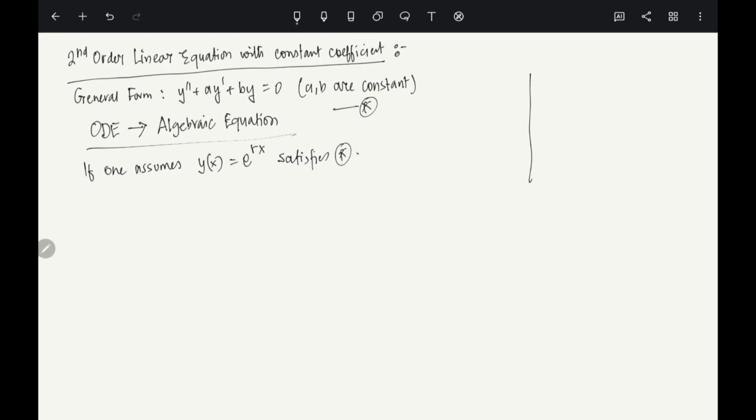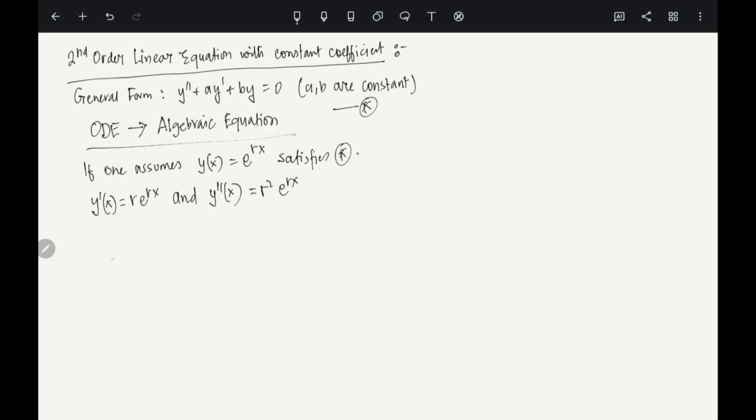If we can find some r such that e power r x satisfies this equation, then we are basically done. If so, y prime of x is r e power r x, and y double prime of x is r square e power r x.